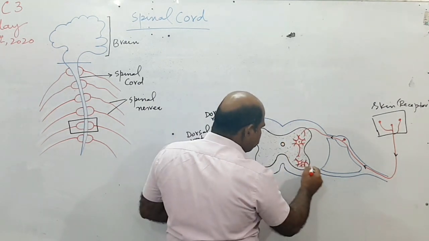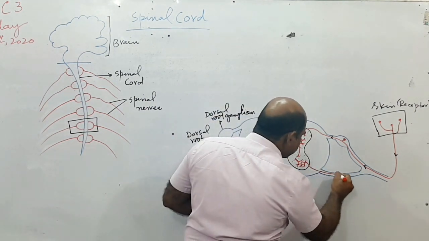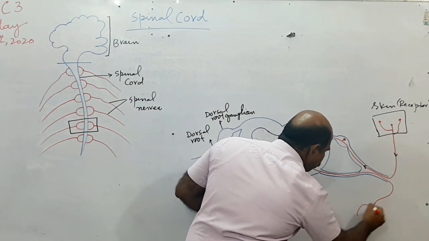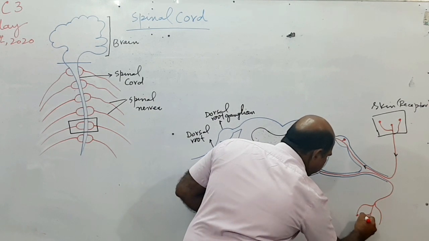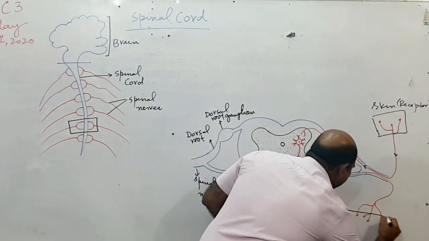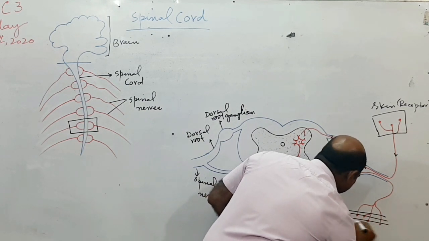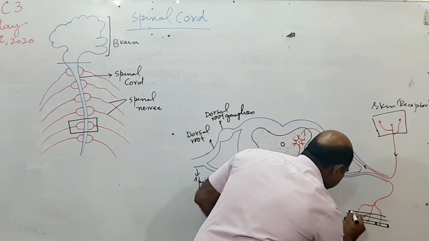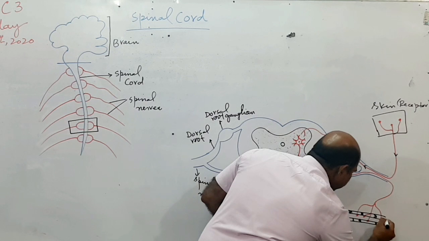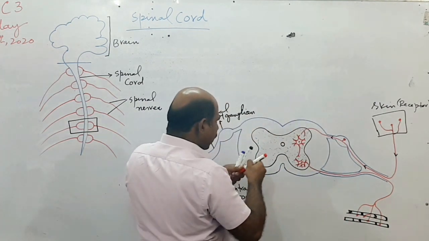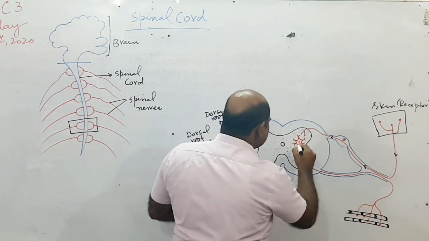So this one, and now it is coming out and moving to this region also. So here are the muscles, and we can draw them like this. Now again see the direction of the nerve impulse.